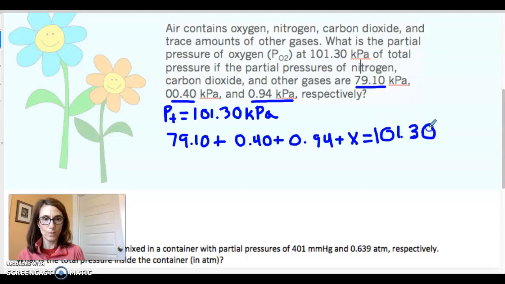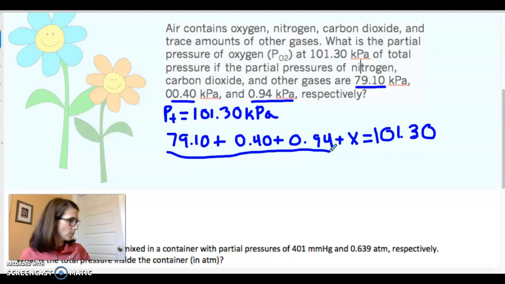So what we have to do is add these three together and then subtract from 101.3. So 79.1 plus 0.4 plus 0.94, and I'm going to take my 101.3 and subtract that answer.